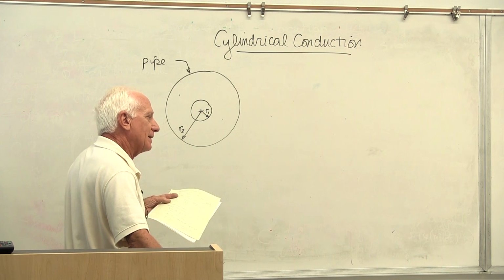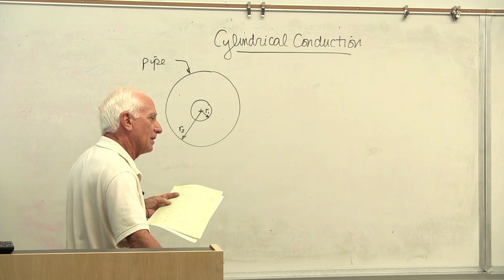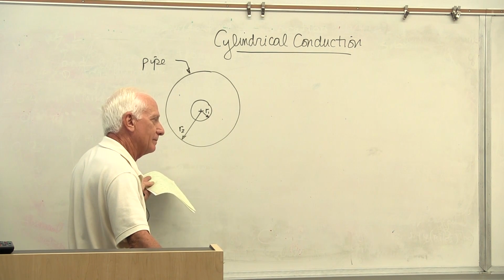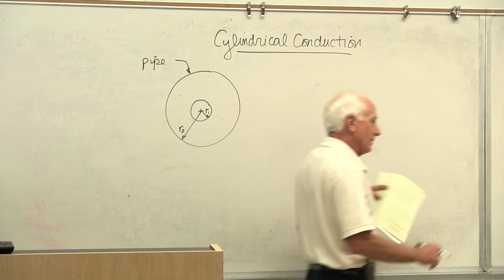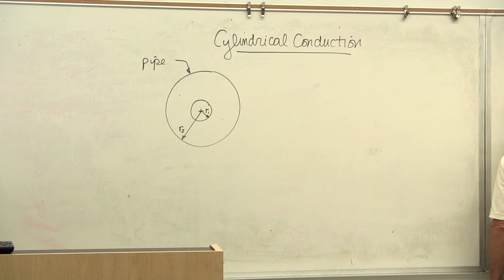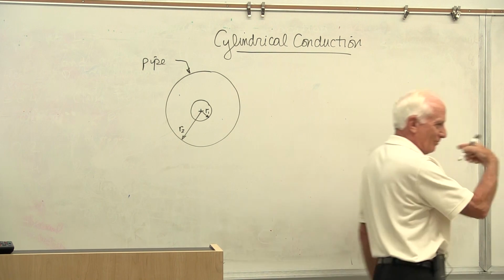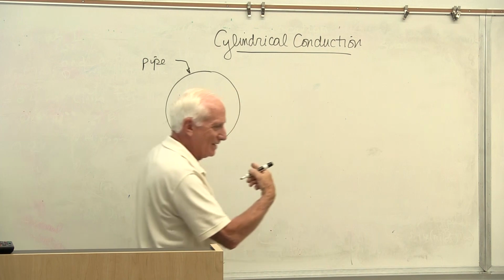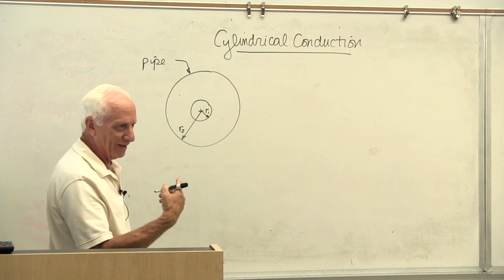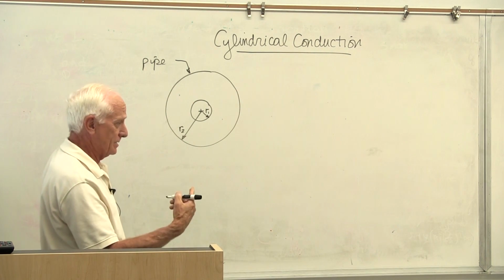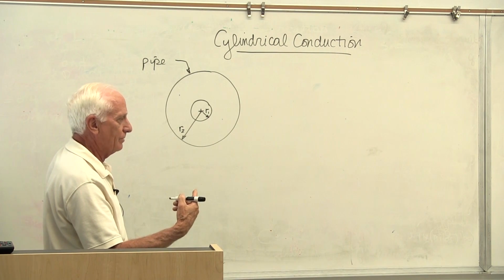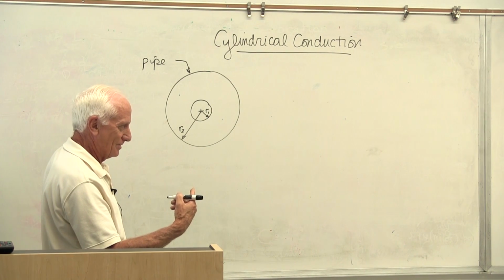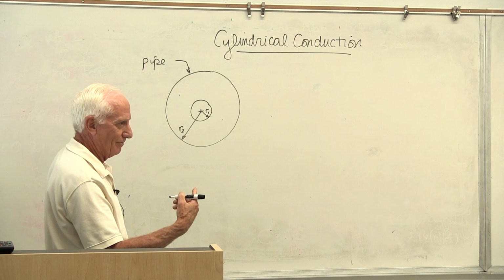I'm going to take a small differential element in this pipe. Just like we played the game when we had a plane wall, or in x and y coordinates, we took a small differential element dx dy. When we work with cylindrical coordinates, we take a small differential element whose thickness now, what's the major coordinate? The radius. What's a differential then? dr, right.